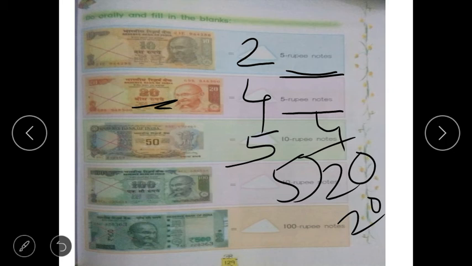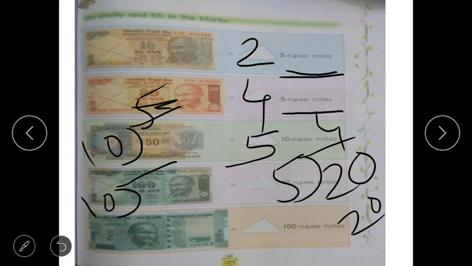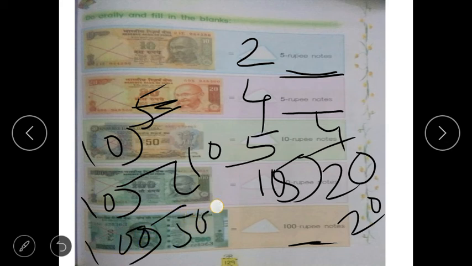Or if you want to get it, you have to divide 50 by 10. Now how many 10 rupees notes make 100? 10 tens are 100. Last, how many 100 rupees notes make 500? 5 hundreds are 500. So five 100 rupees notes make 500. Clear?